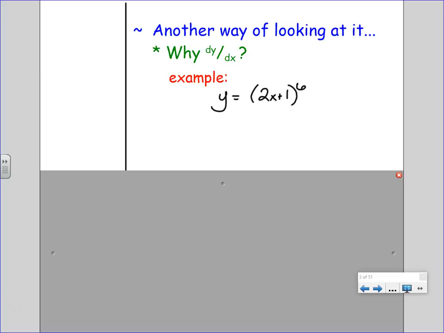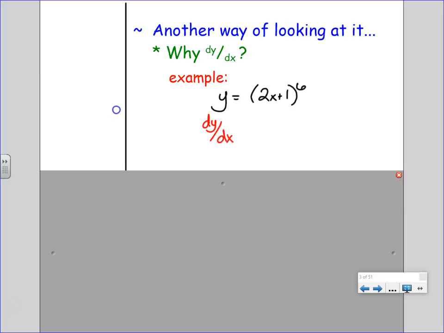The chain rule. If I said find dy dx, what do we write? Very first thing, if there's no rewriting involved. What's the very first thing we write as we go to find the derivative? dy dx, but why?